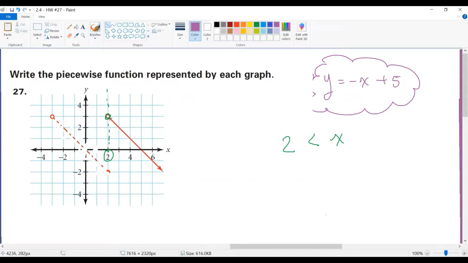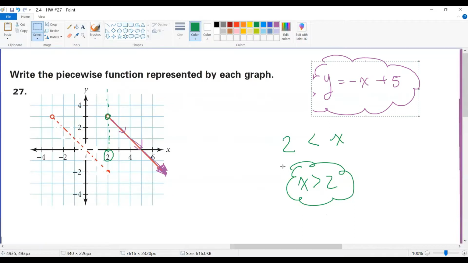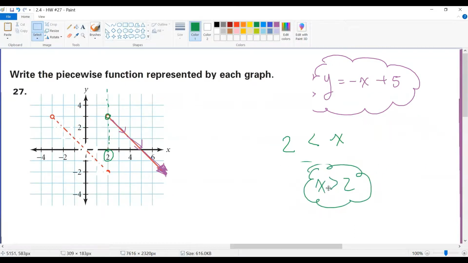As we continue reading our graph from left to right, we can see that our graph is continuous because there's an arrow pointing to the right. This now tells us that our domain is just x is greater than 2 because it goes on forever, which is great news. So now we have our second equation and our domain that goes with it.